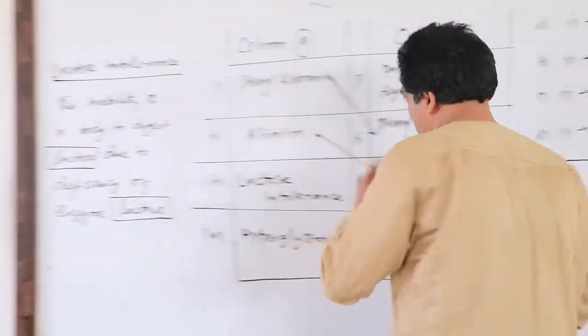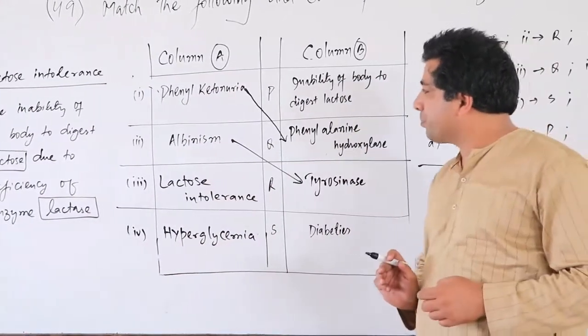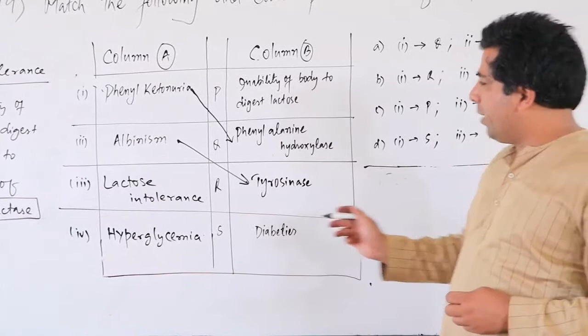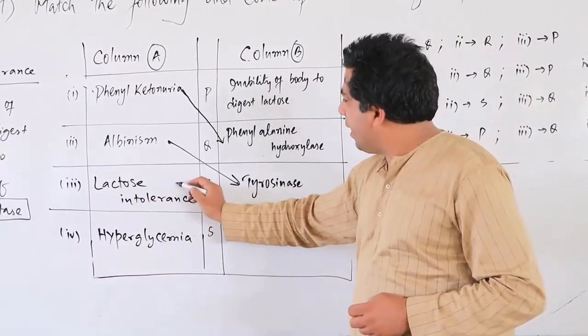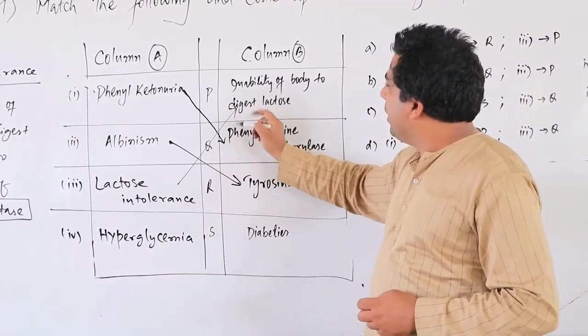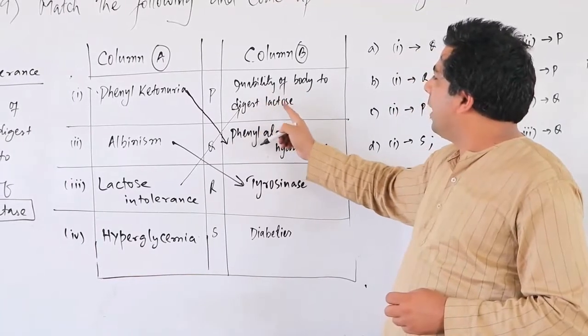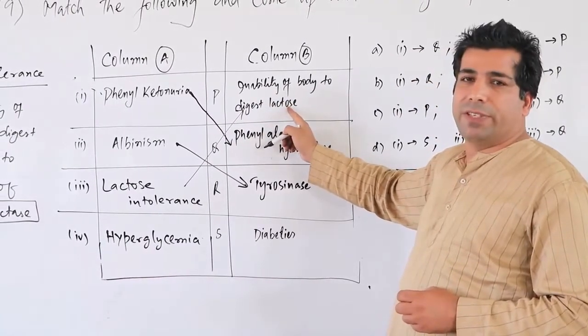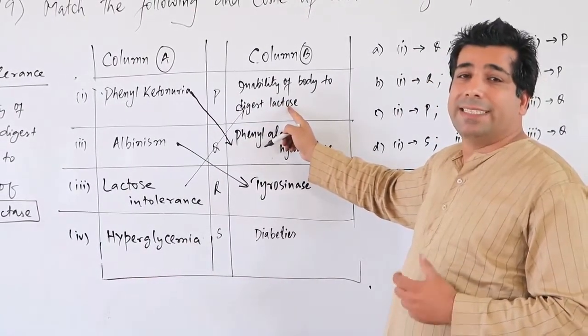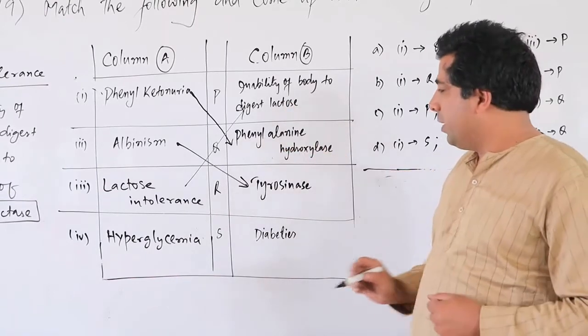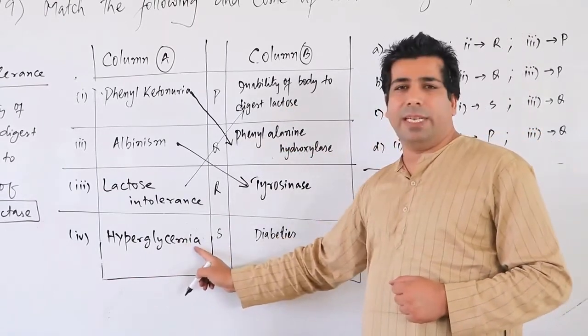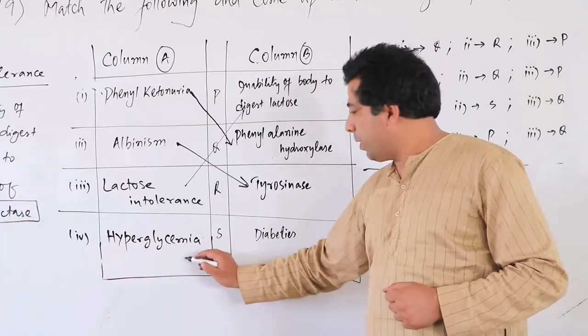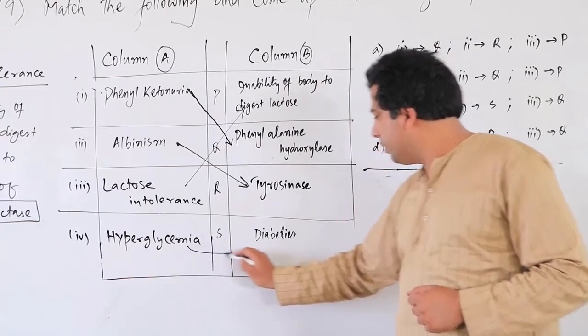Is it clear? So my dear friends, if we look at lactose intolerance now, it is the inability of the body to digest lactose because of the deficiency of what? Lactase enzyme, correct? Then hyperglycemia. Hyperglycemia is a diabetic condition. So what happens here in hyperglycemia?